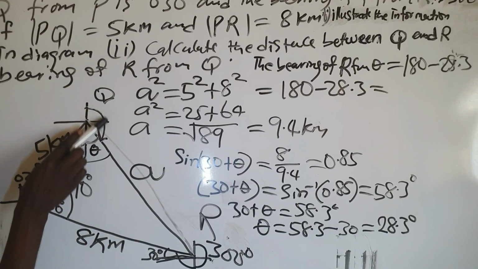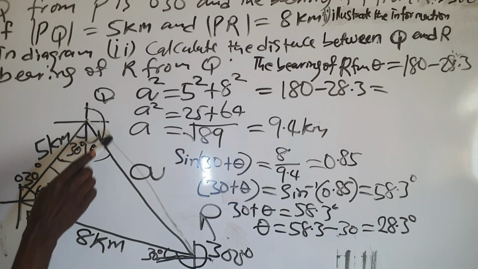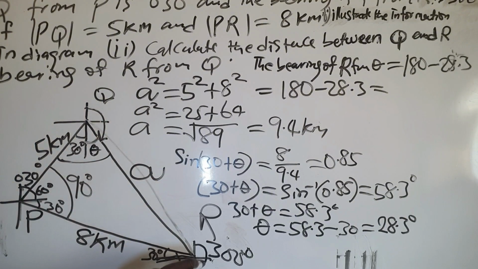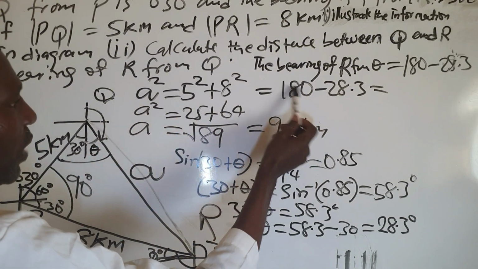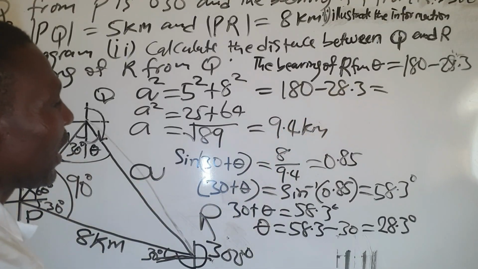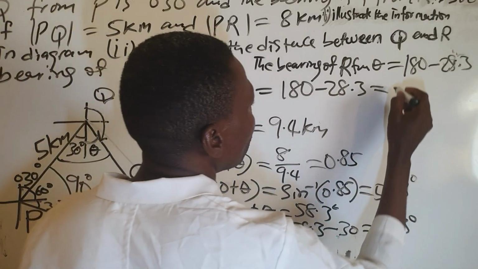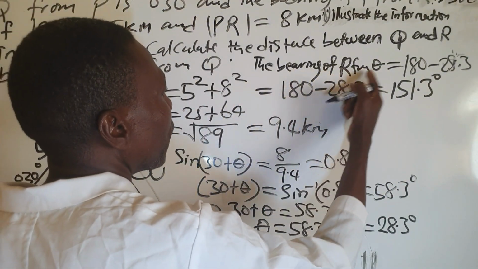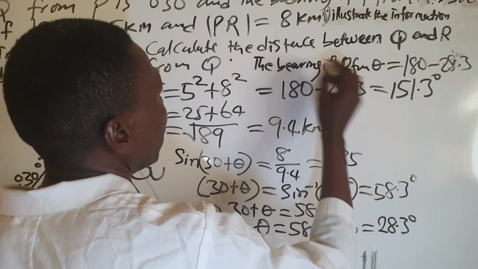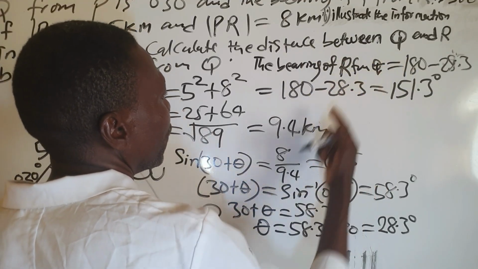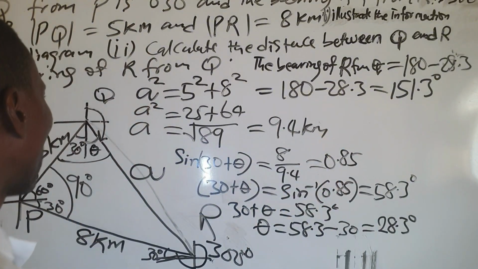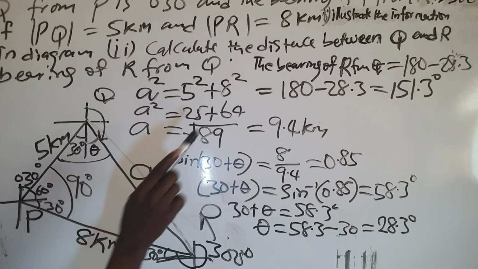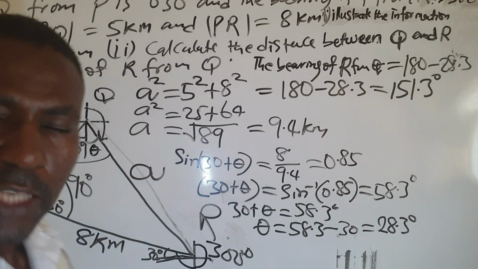In order to find here, we subtract this one from 180 for us to find the remaining one, which will be the bearing they are asking us. That is what we did here. 180 minus 28.3 gives us 151.3 degrees. So the bearing of R from Q, which is from here to here, is 151.3. That is how to solve it.